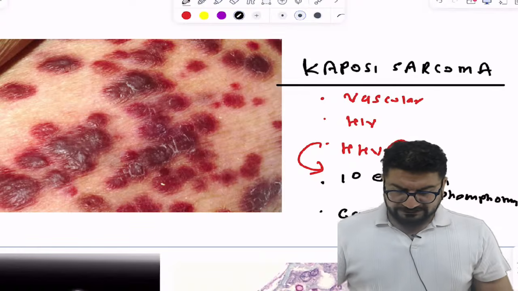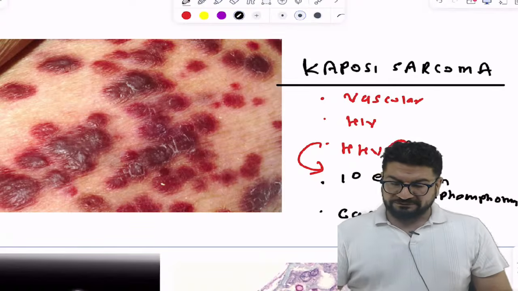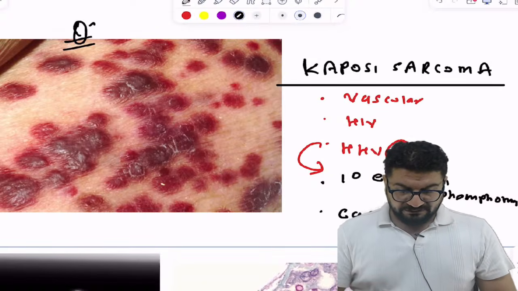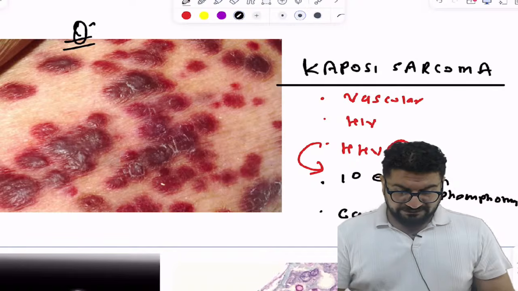So these are the things which they ask you in exam from Kaposi sarcoma. And remember this image-based question, this image has also come in exam 2-3 times. This image came nearly 2 times in exam.